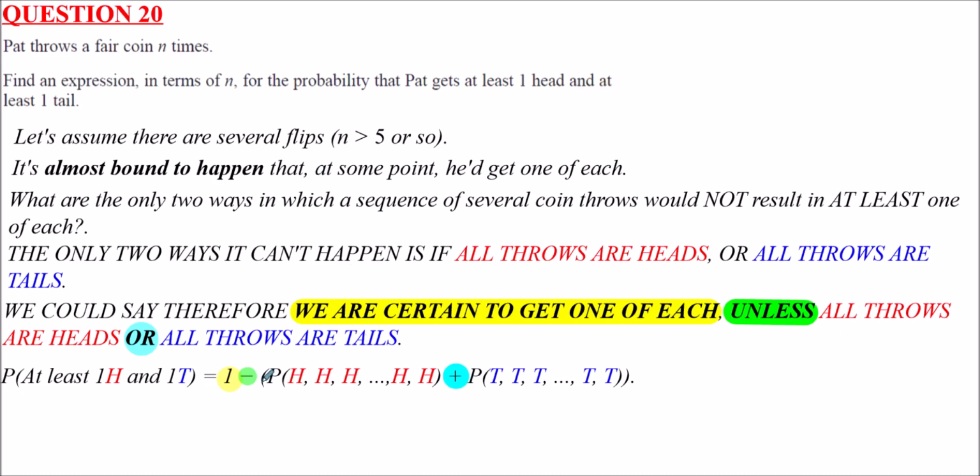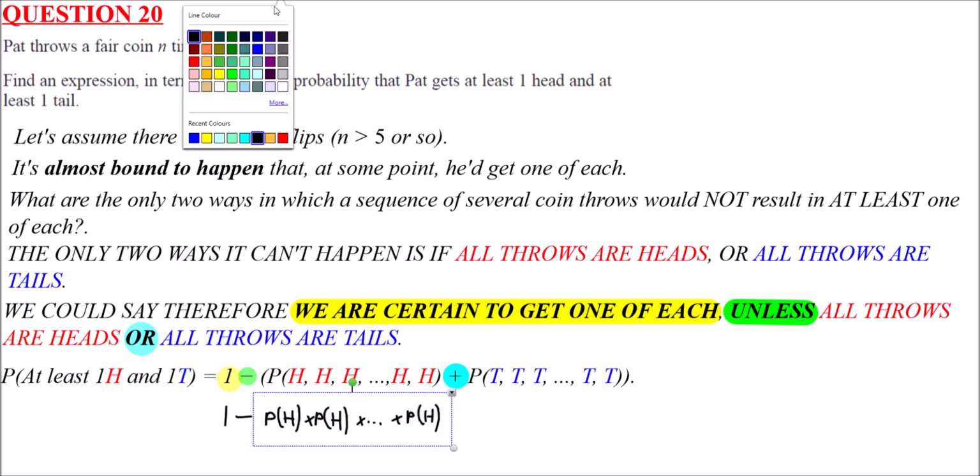So, this formula, we've got 1 minus P. Now all these heads here, if the coin's been flipped n times, that would mean P(H) times P(H) all the way times P(H). So that would be if all of these n throws were heads.